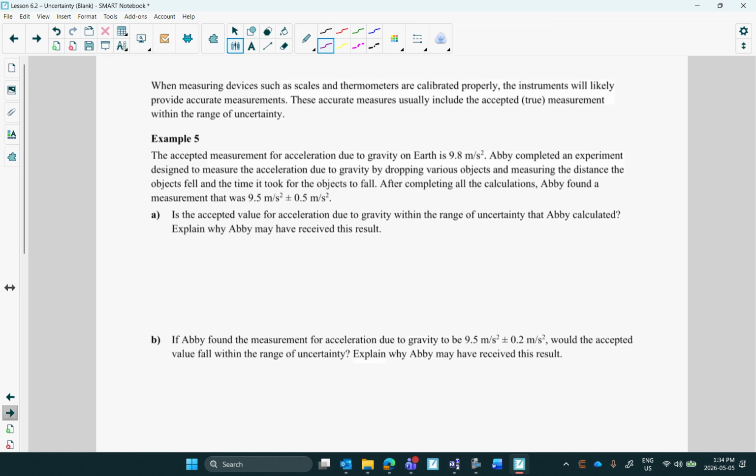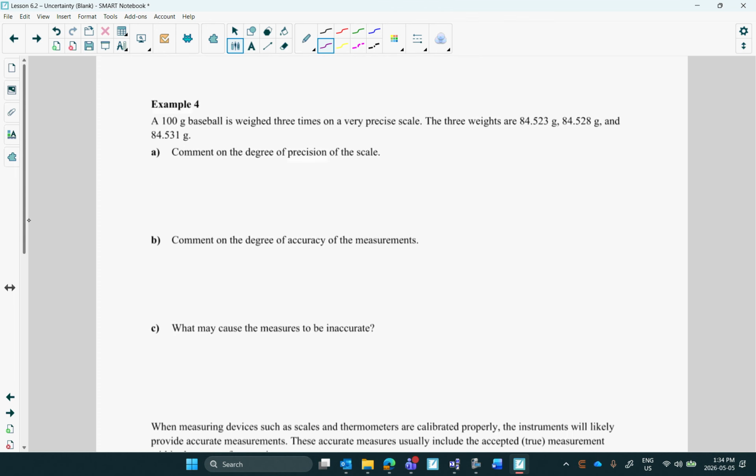Okay. So let's look at 2 more examples. So let's say we've got a scale, that's our measuring device. And we're going to weigh a baseball that we know is 100 grams.